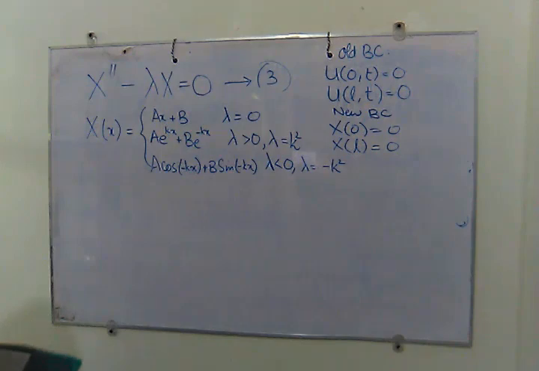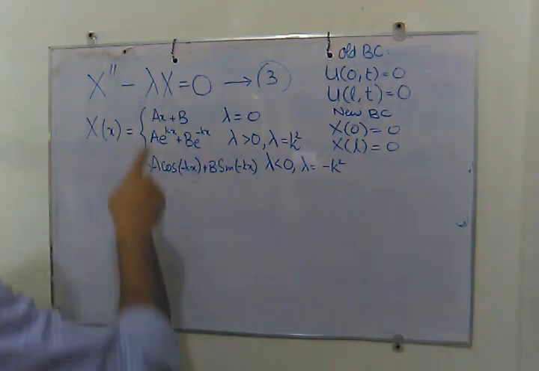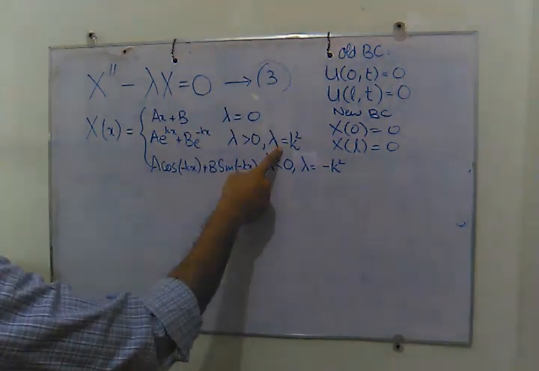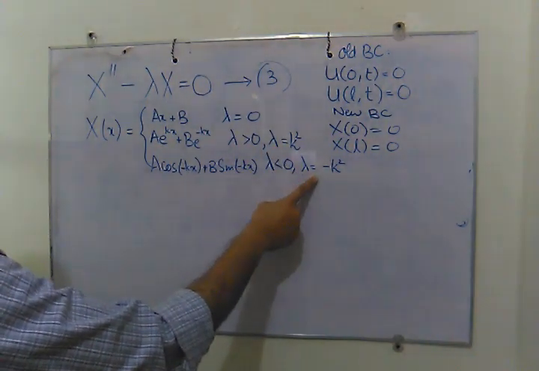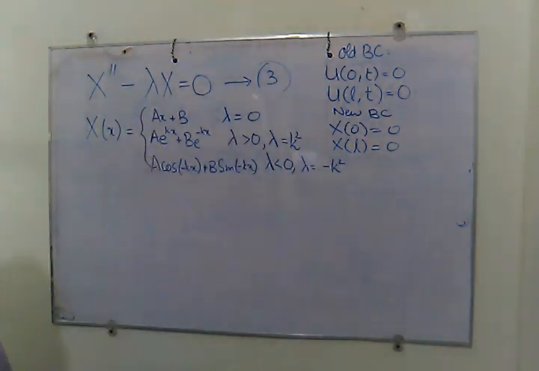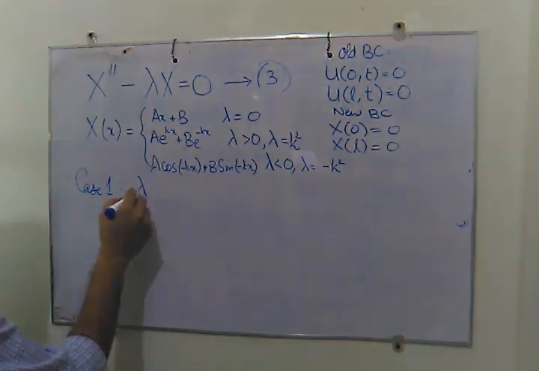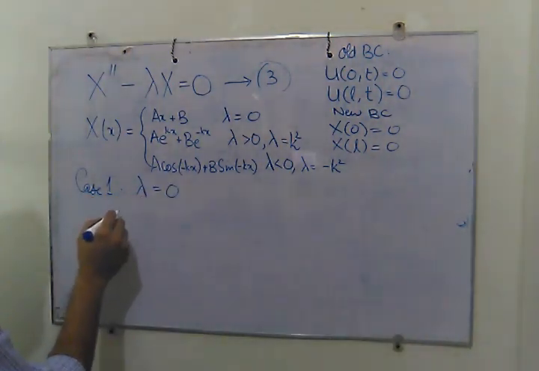So we see that for the 3 values of lambda, lambda equal to 0, lambda having some positive value, and lambda having some negative value, we have 3 different solutions. We check one by one the validity of the solutions, whether they are of use to us or not. So we start with case number 1, that is lambda is equal to 0.